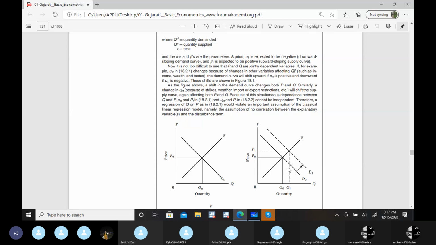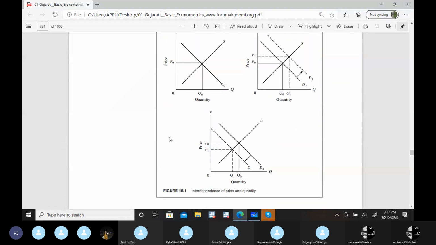Like in this particular example, let's suppose with a change in other factors, this demand function shifts upward, then all those points will give us a supply function. But if the supply function shifts upward or downward, then it will give us the demand function.